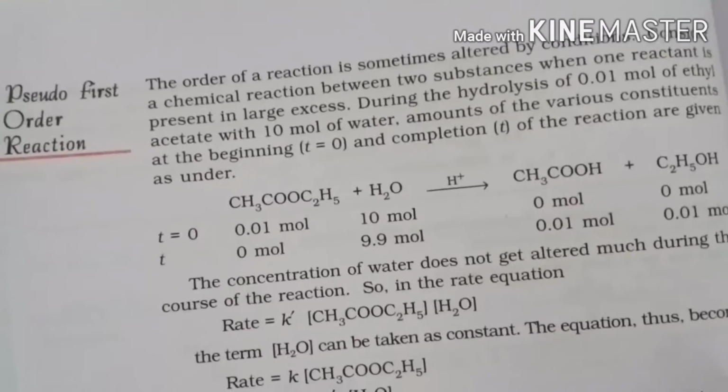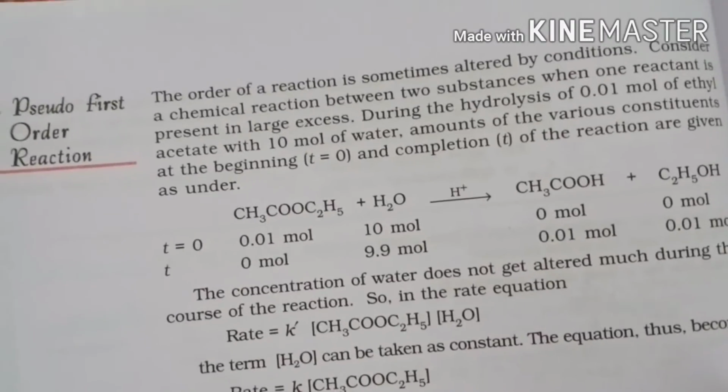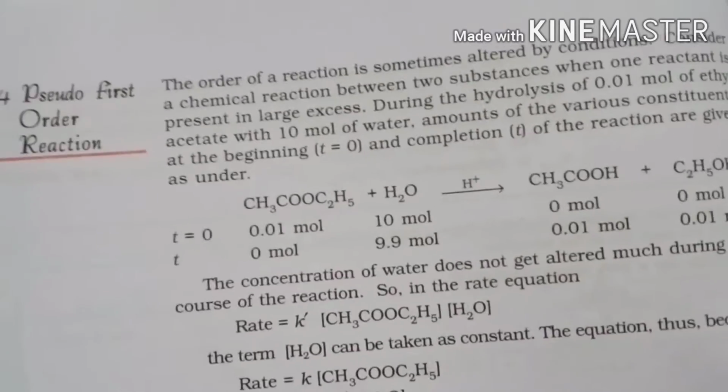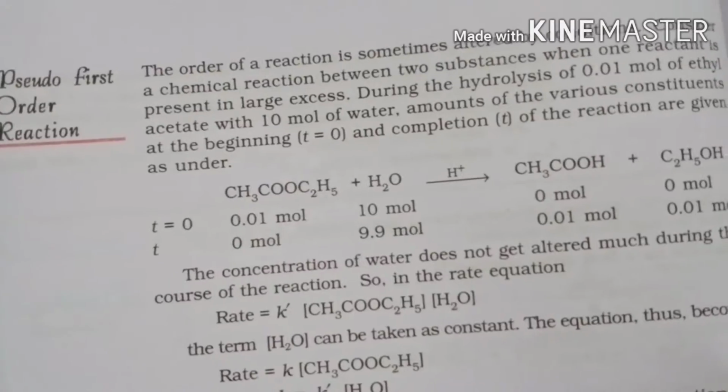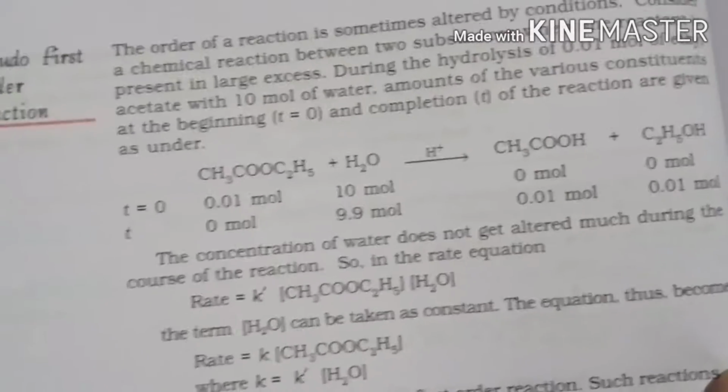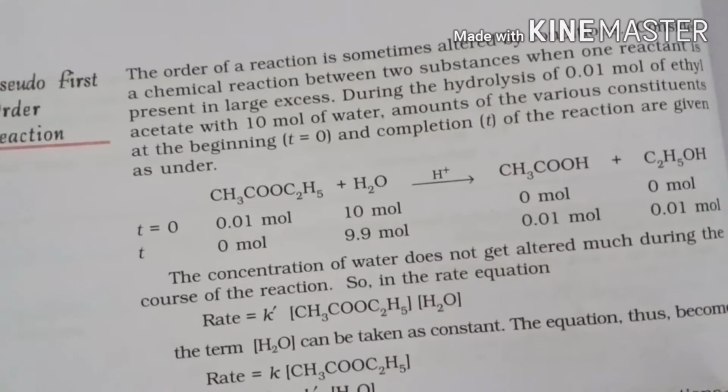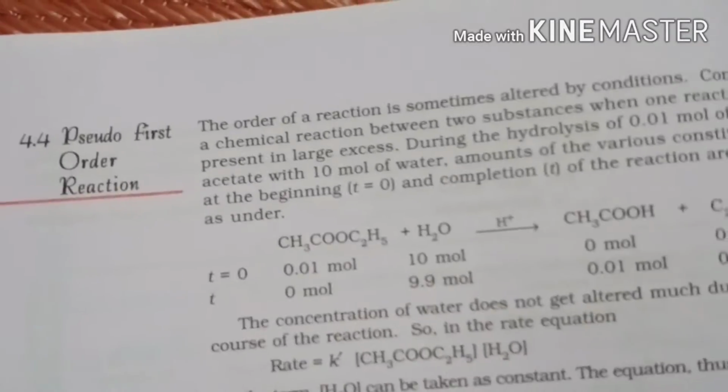The amounts of the various constituents at the beginning, that is t equal to 0, and at the completion, that is t, of the reaction are given as under.